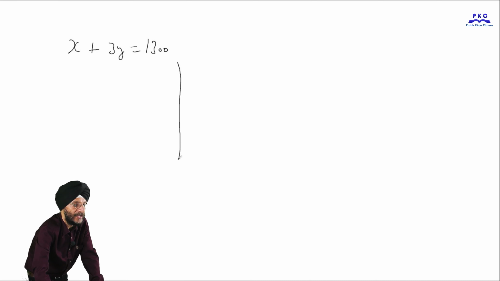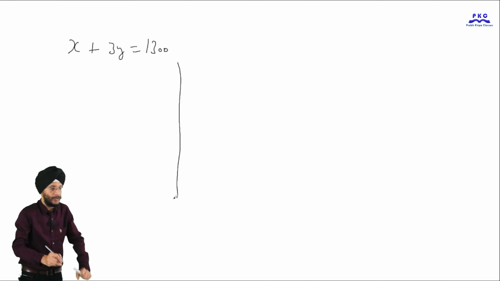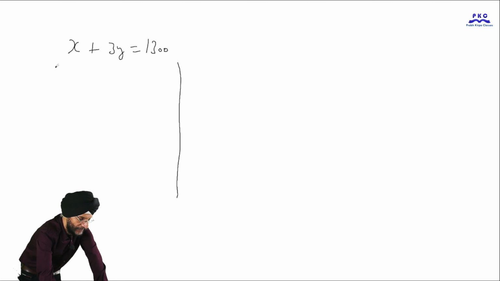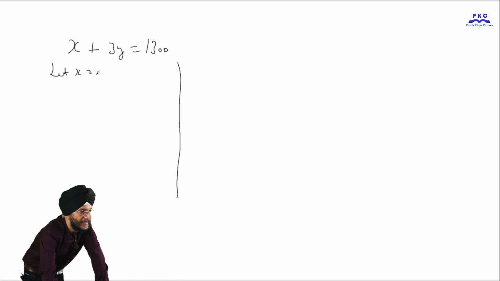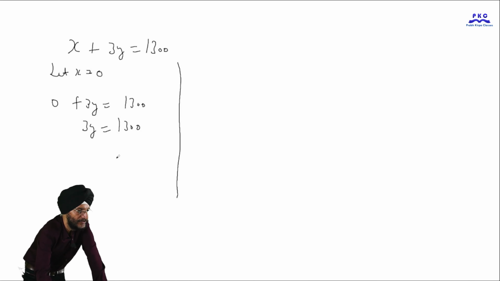1300. Here we will also have to find out two solutions, that is, we will assume the value of x. Let x is equal to 0. What will happen? 0 plus 3y is equal to 1300, so 3y is equal to 1300. Y is equal to 1300 divided by 3. What happens?